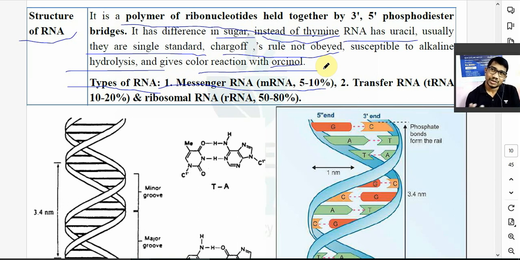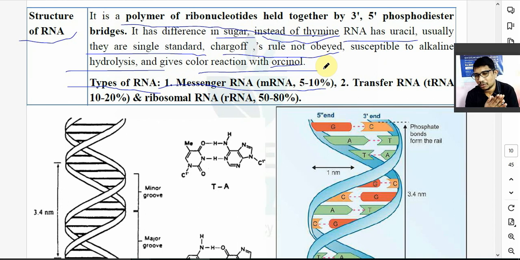What message? The message present on the DNA will be transferred to the protein synthesis assembly. So codings are there on an mRNA, different codings which will code for a particular amino acid, right? So that message is there on the DNA. Whatever the genetic information is there in the DNA is copied onto the mRNA, and mRNA is nothing but the messenger RNA.